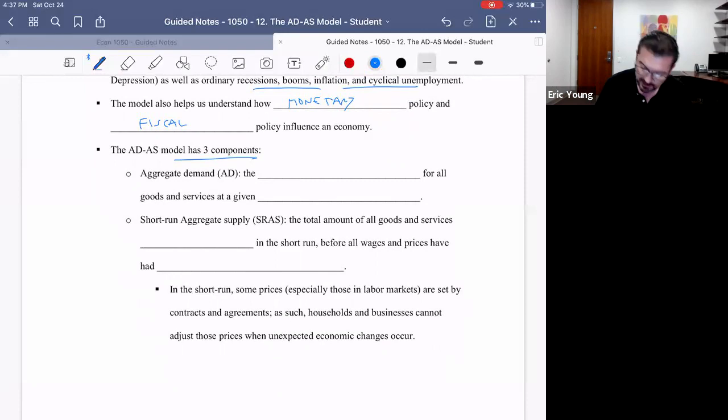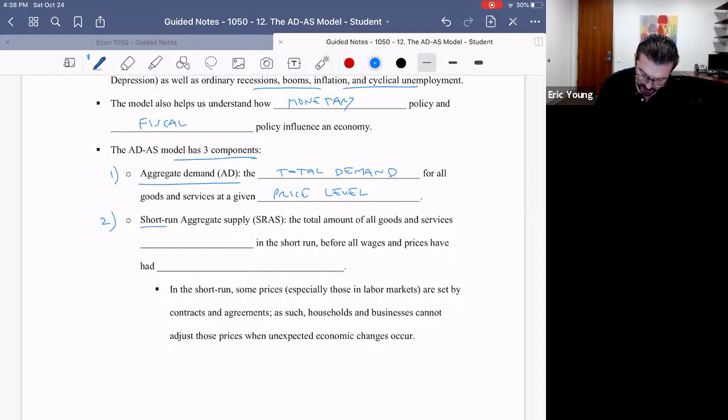The first part, aggregate demand, AD. And this is the total demand. So aggregate demand, AD, is the total demand for all goods and services at a given price level. The second component of this model is the short run aggregate supply curve.